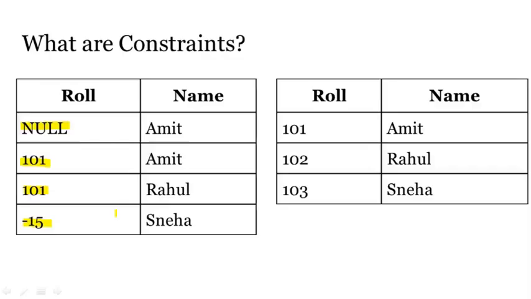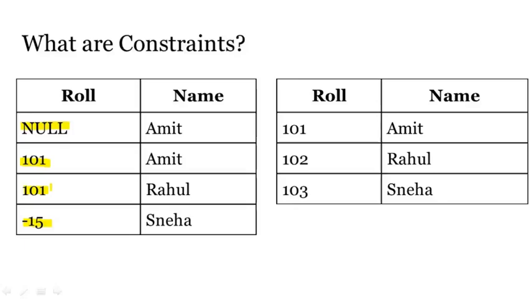What are constraints? Imagine a college database where we will be having a table in which there are two attributes, roll number and name of the student. If students are allowed to enter anything in this database, someone may leave the roll number empty or duplicate the roll number or even enter negative marks.